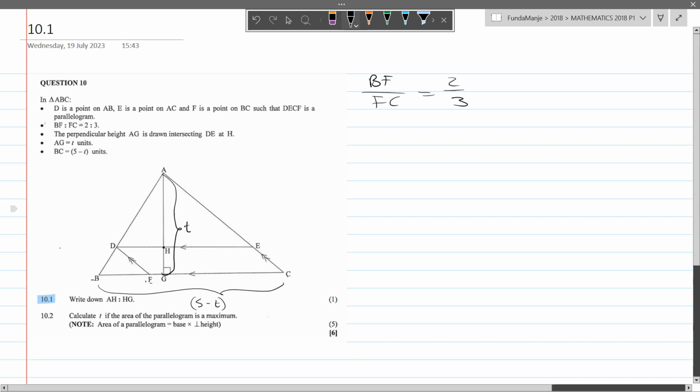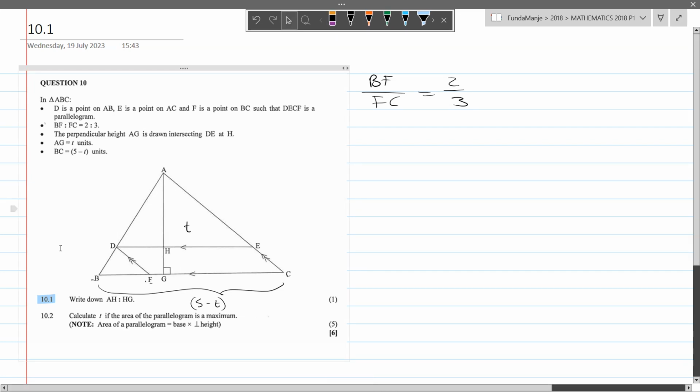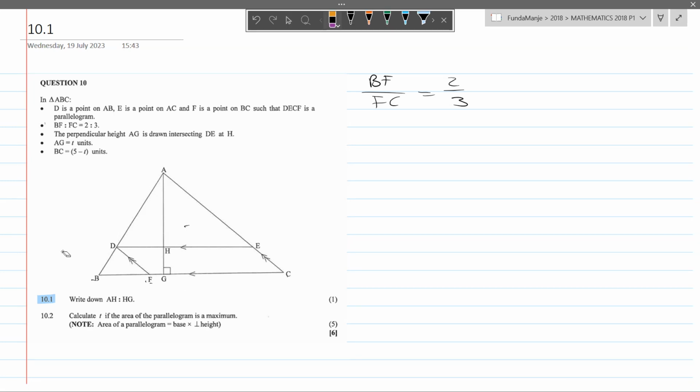Our first question says, write down the ratio of AH over HG. So AH over HG is part of this triangle, like that, this line.